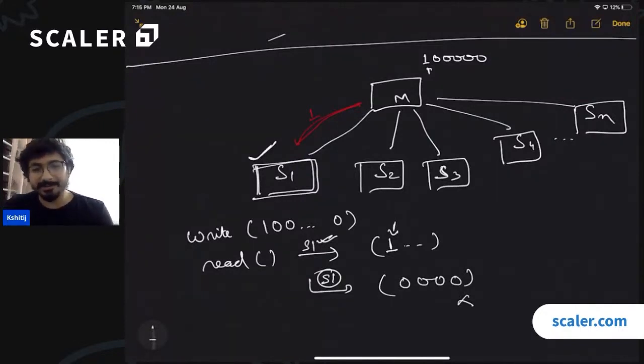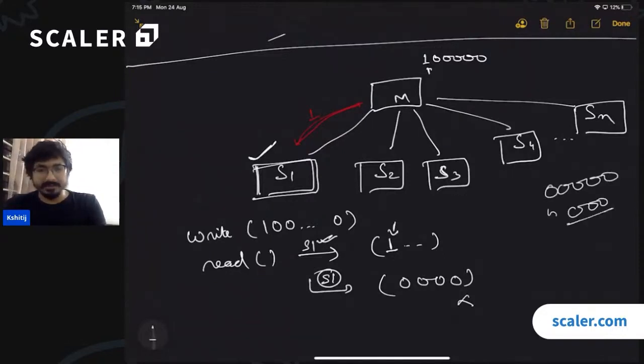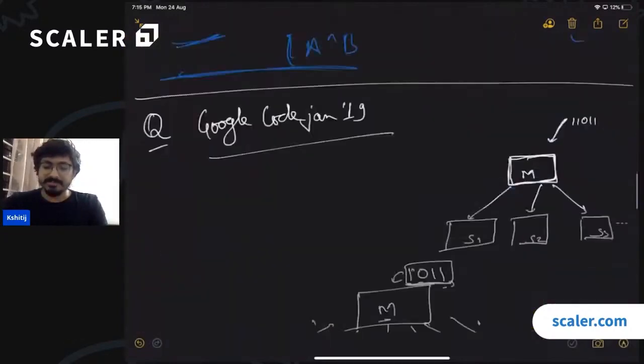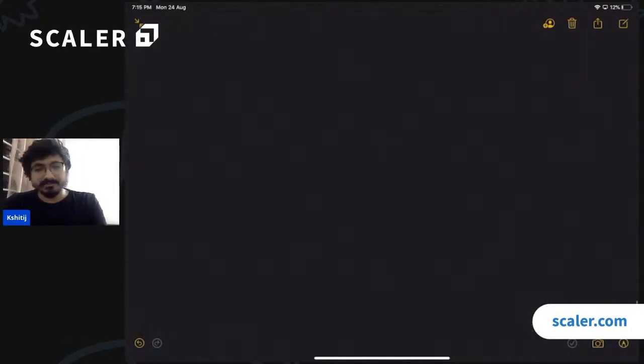What if we send all 0 bits? Srinivas, you will not gain anything from that, right? If you are sending all 0 bits, there is no identifier, and then you return, then you get, let's say, 3 0 bits in return. What do you gain? You don't gain anything, right? You only know that there are 2 bits which are slaves which are faulty, but you don't know which one.